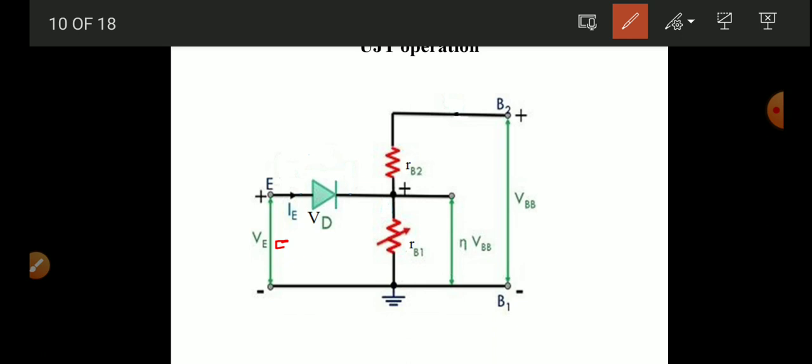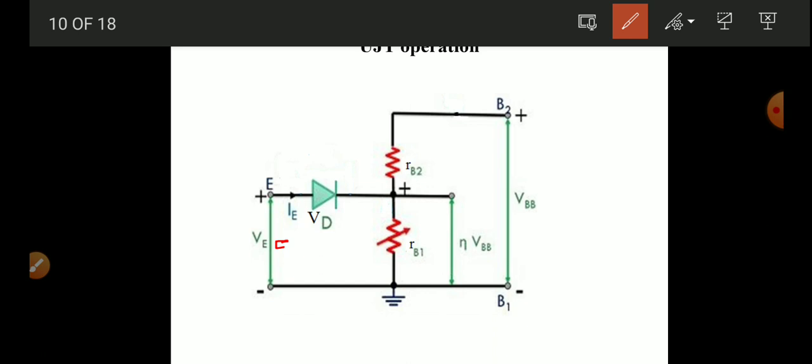Due to this, more forward biasing occurs at the emitter region. Due to the forward biasing, again more holes move from the P region to the N region and conductivity increases. That's why this process is called conductivity modulation, and this process is repeated again and again. So we call this a regenerative process.